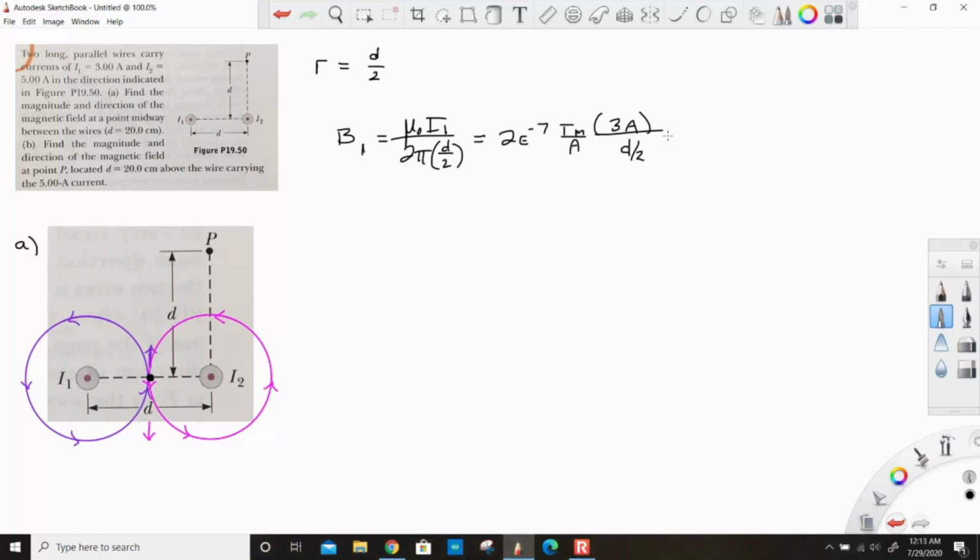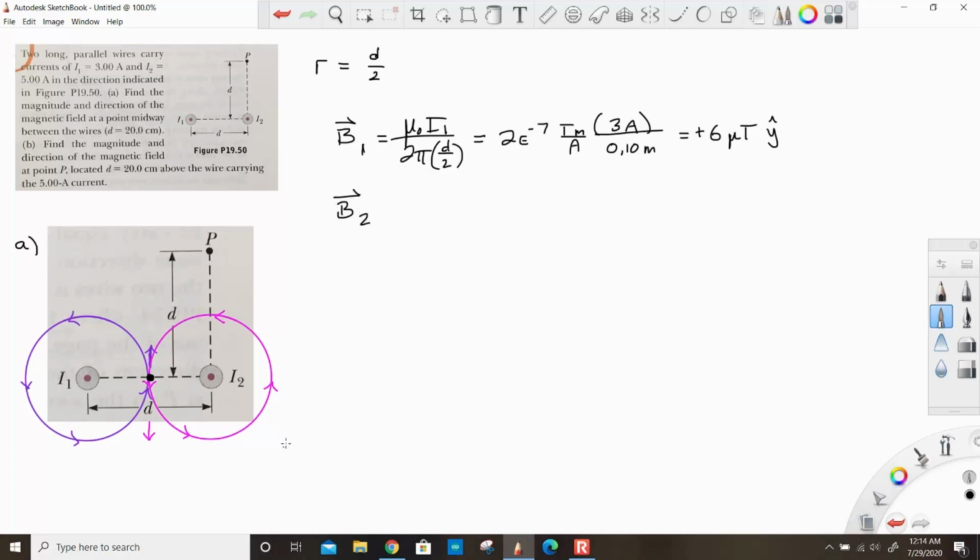We can replace here d over 2. We know what d is. D is actually 20 centimeters, so we can list that as 10 centimeters, or 0.1 meters. And that gives us a value of 6 microtesla. Our direction on that is positive y hat, so we can list that as a vector.